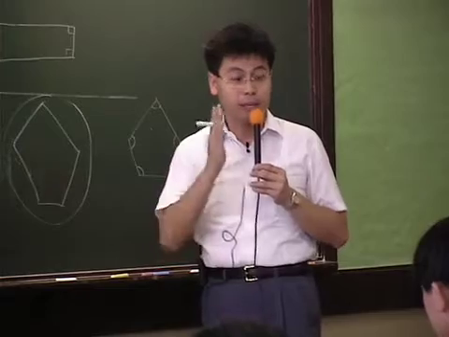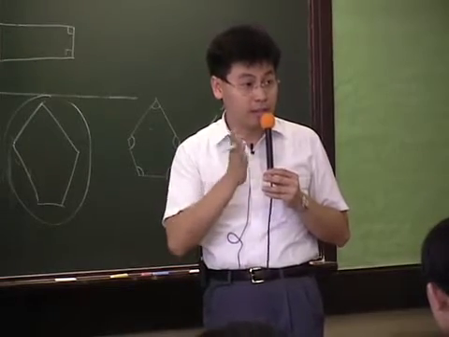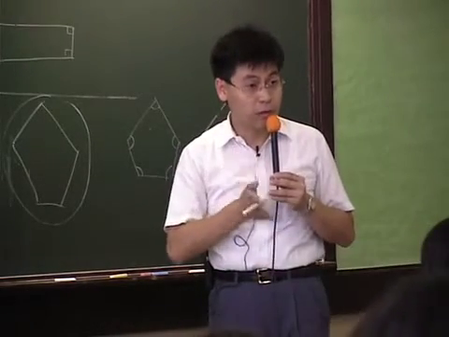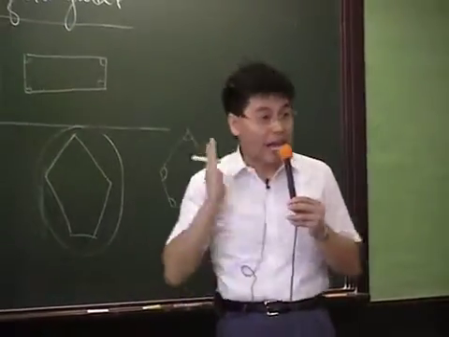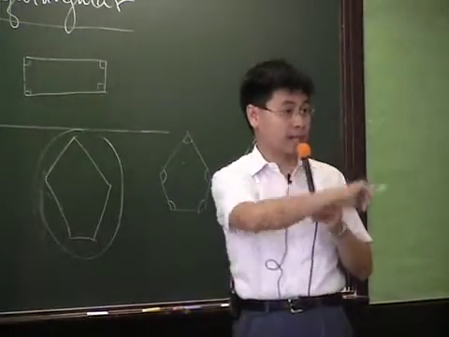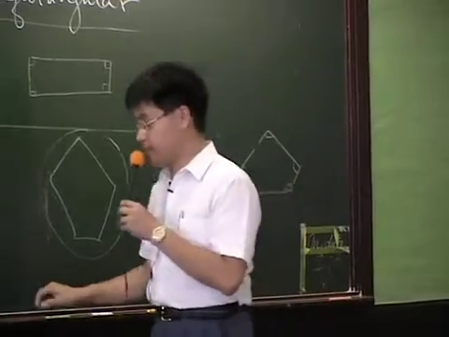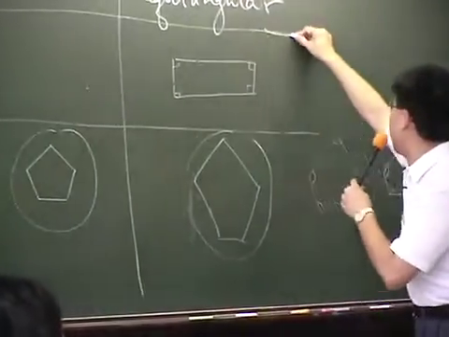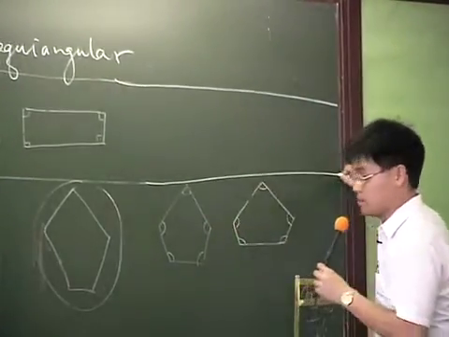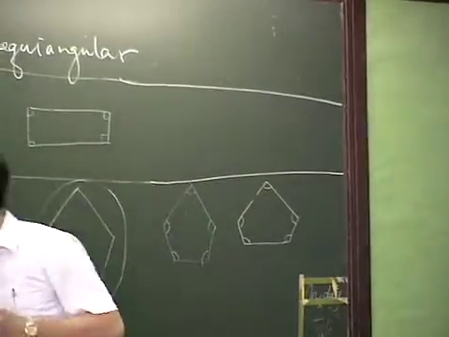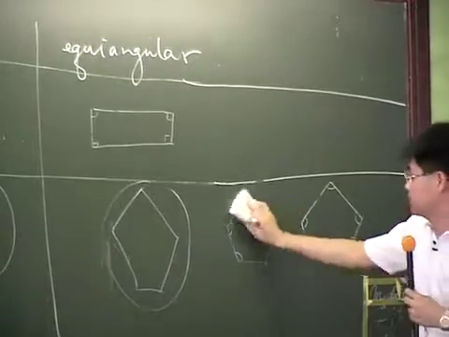Can you draw a four-sided polygon? It is equilateral and it is equiangular.